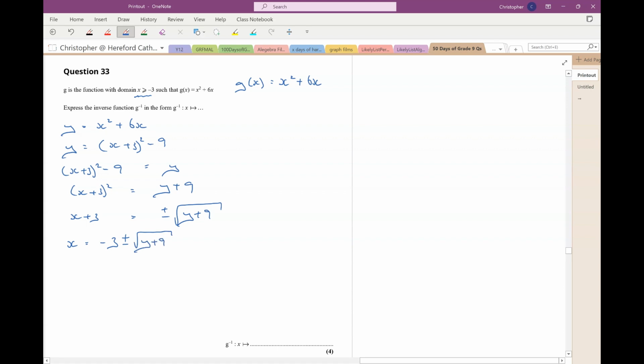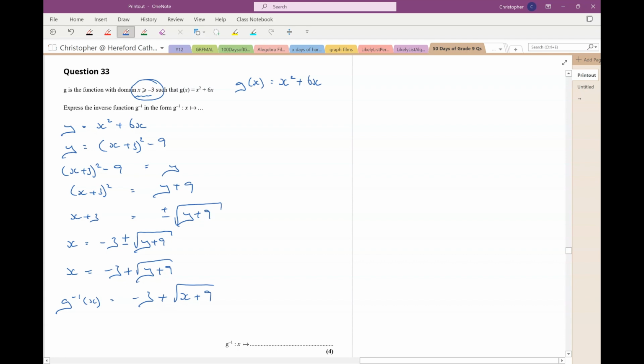Now remember that x has to be greater than or equal to minus 3. So we're going to have minus 3 plus something, aren't we? And now I can write it in the form of g to the minus 1 of x is minus 3 plus the square root of x plus 9.